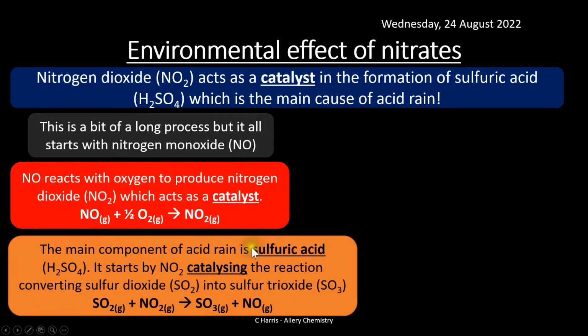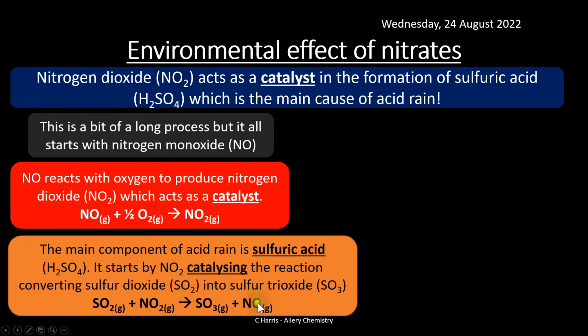So the main component of acid rain is obviously sulfuric acid, that's H₂SO4. So NO2 basically starts by catalyzing sulfur dioxide that may be in the atmosphere through, say, burning of fuels. Again, you might get some sulfur dioxide produced, and it produces SO3 and NO again.